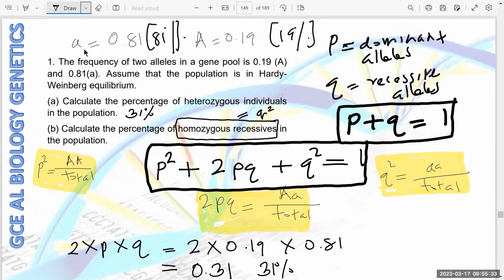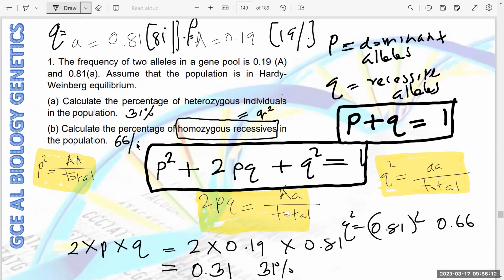So this one's recessive one is actually q, and this one is p. So then second one, b, 0.81 squared. It is 0.66. So this is 66%.